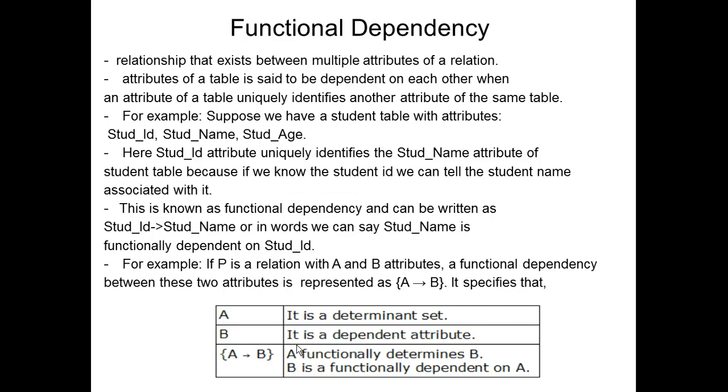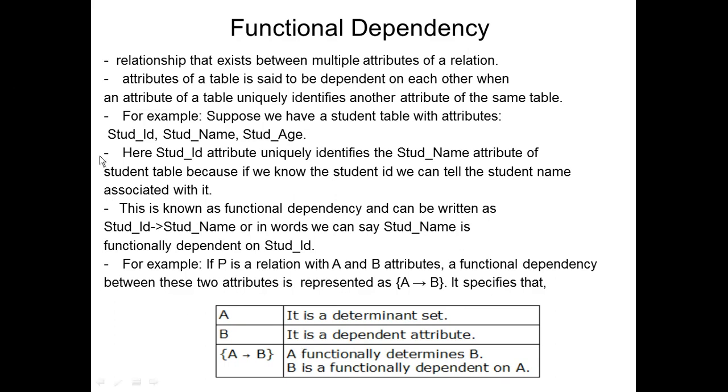It is a relationship which exists between attributes of a relation. If the attribute of a table is dependent on another attribute and one attribute identifies another attribute, then it is called functional dependency. For example, suppose we have a student table with attributes stud id, stud name and stud age.